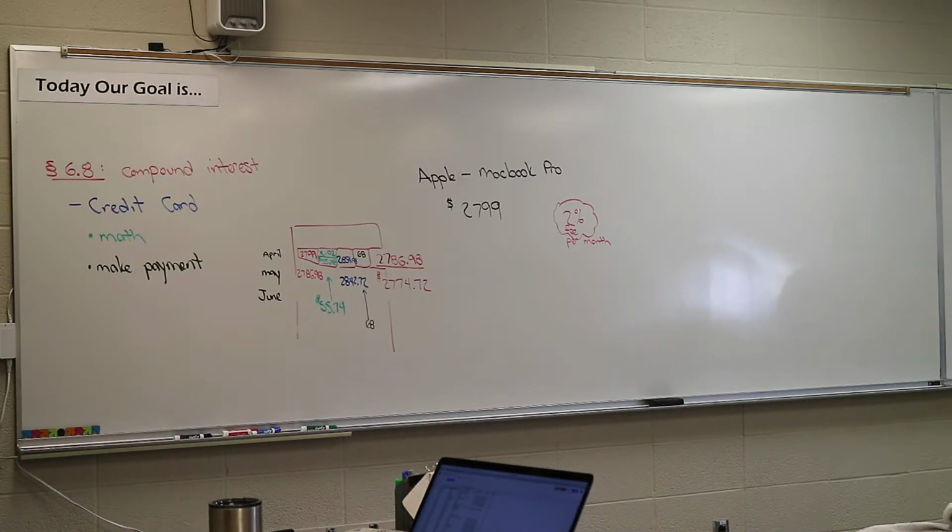It's 2786.98, and then you carried that number. Your numbers were different because you were doing different numbers than me. Take that number times 0.02, then you add it into the price, you subtract your $68 payment. Done.